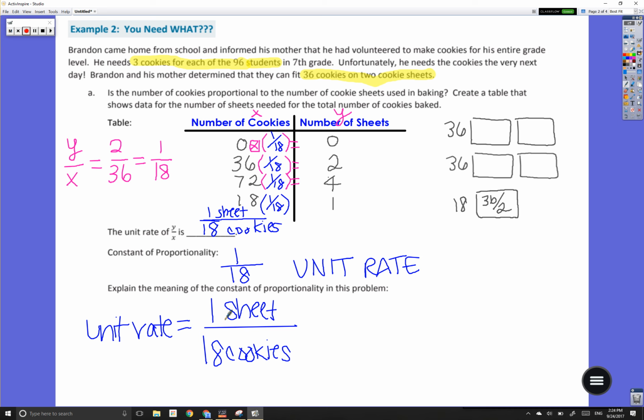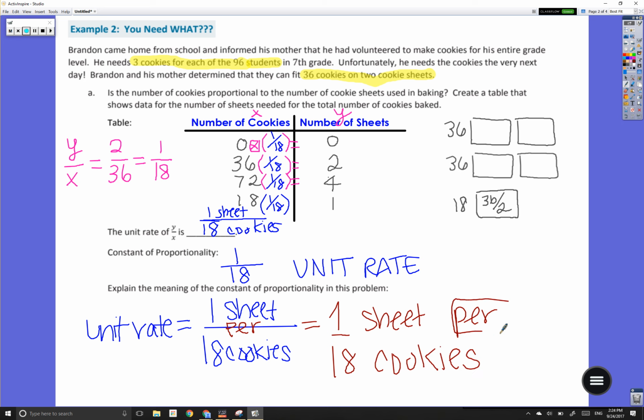If I put the word per right here, then I have what the constant of proportionality actually means. It says for 1 sheet per 18 cookies. Another way to think of that would be for every, another set of words we can use instead of per: 1 sheet for every 18 cookies.